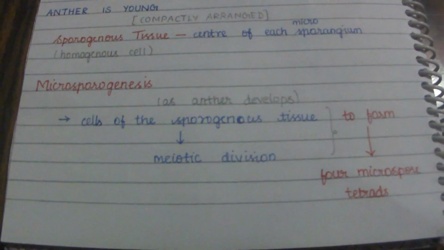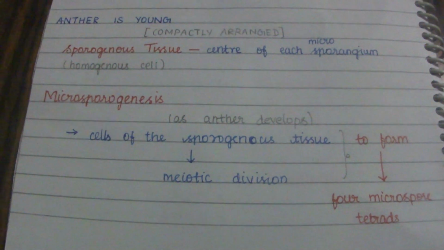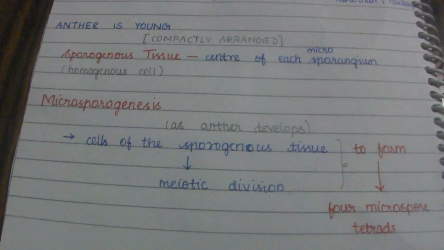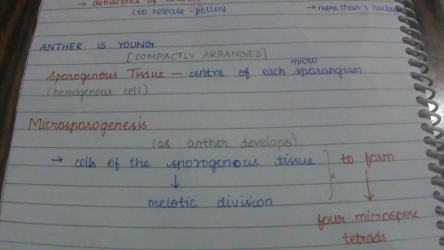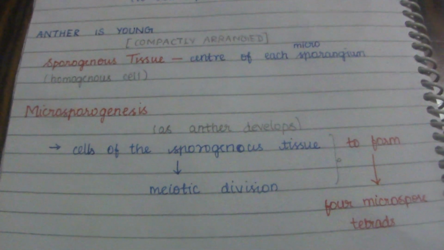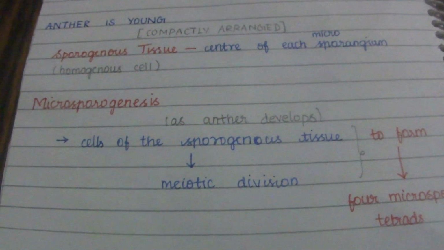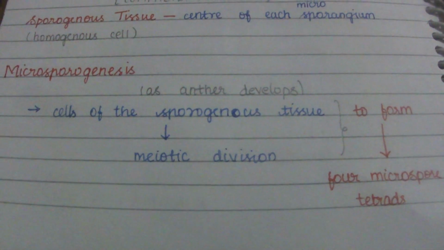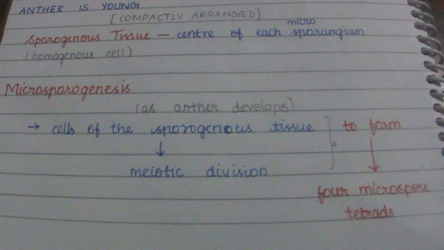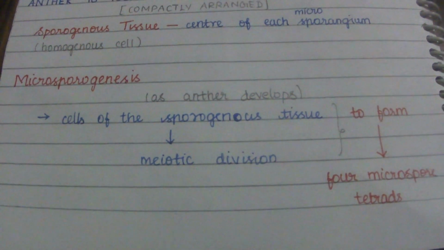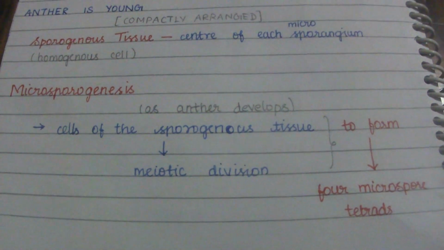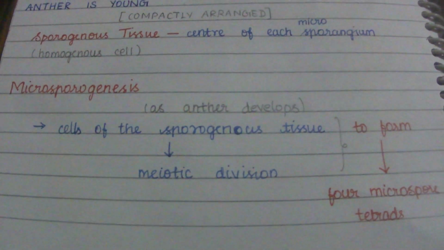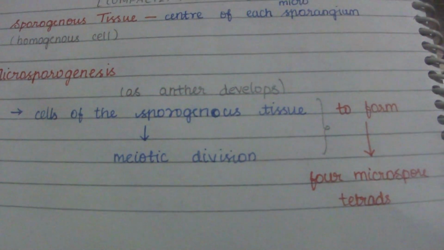Now, microsporogenesis. What is microsporogenesis? When the anther develops, the cells in the sporogenous tissue undergo meiotic division to form the microspore tetrad.